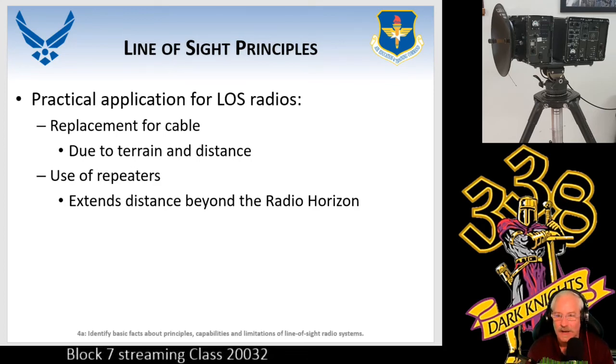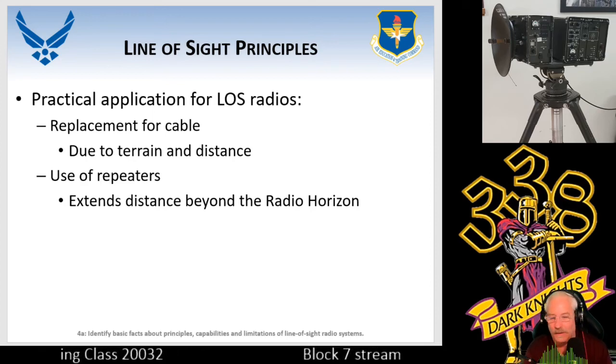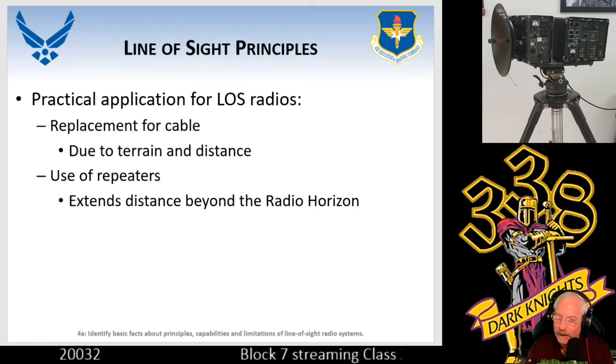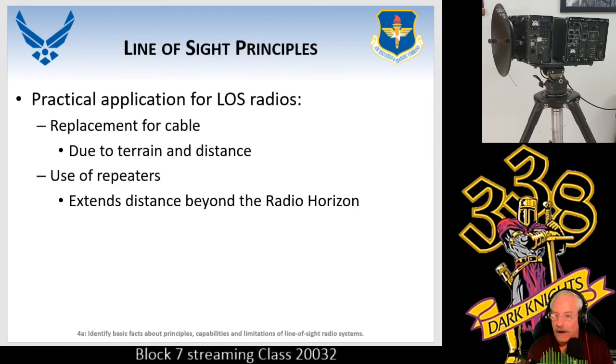Anyway, your terrain also plays a part. Let's just say that you've got to get over top of a mountaintop. That's where the extension of the radio horizon comes from, because you can't get over the mountaintop. That's where a repeater would come into play. Now, in Block 5, you guys talked about repeaters, didn't you? Yes, sir. Okay, so that's extending the radio horizon, so to speak.